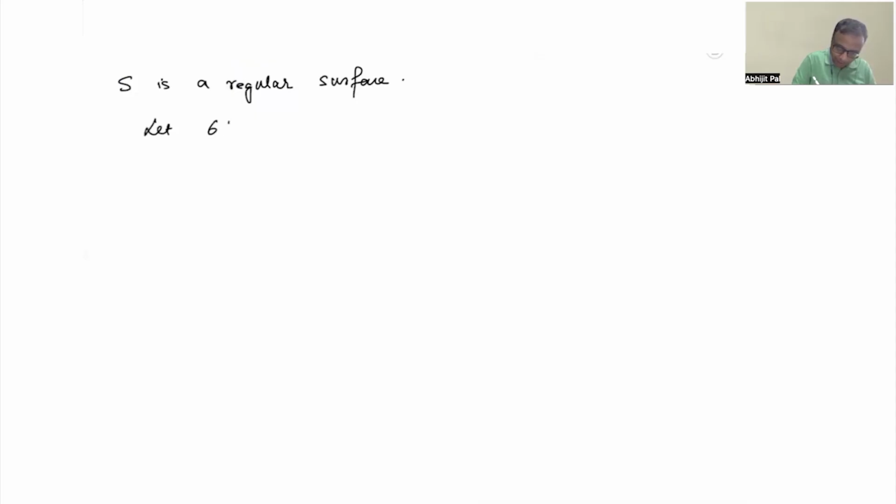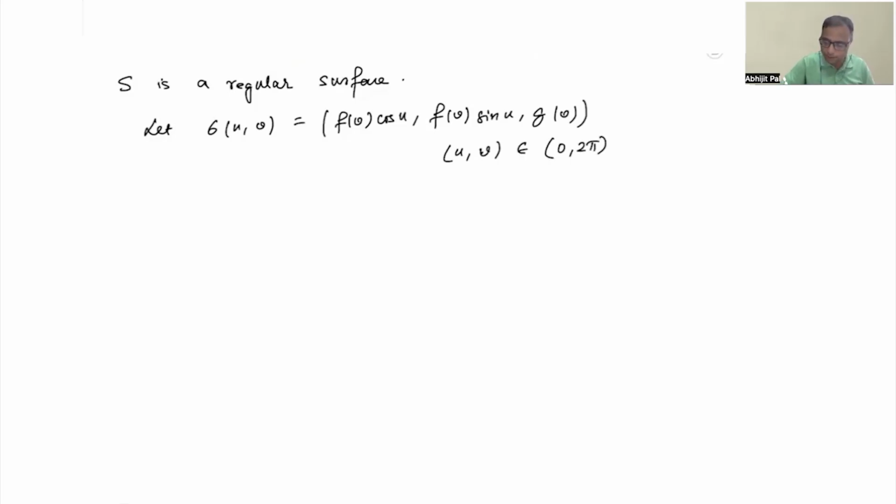Let sigma(u, v) be equal to f(v) cos u, f(v) sin u, g(v). Now this (u, v) belongs to this open set, the interval 0 to 2 pi product with the interior of I. Let us call this open set capital U. So U is an open set in R2.